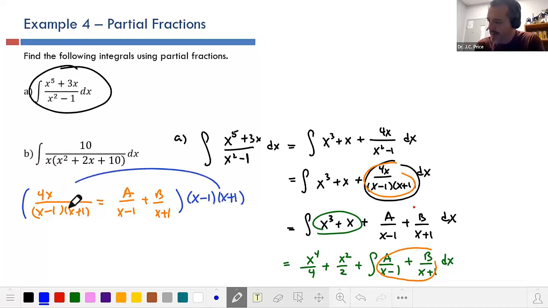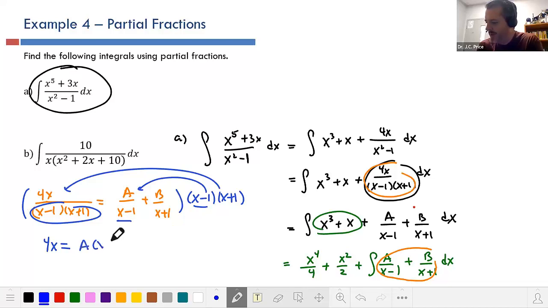If you multiply this side by it, this stuff's going to go away, and I'm just left with 4x. If I multiply this by x minus 1 times x plus 1, the x minus 1s are going to go away, and I'm left with A times x plus 1. And then plus, if I multiply B divided by x plus 1, the x plus 1s are going to go away, and I'm left with B times x minus 1.